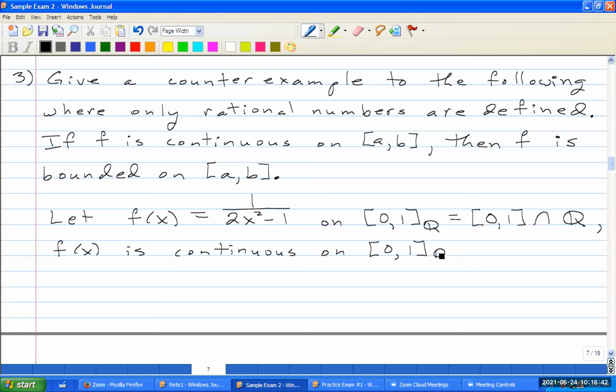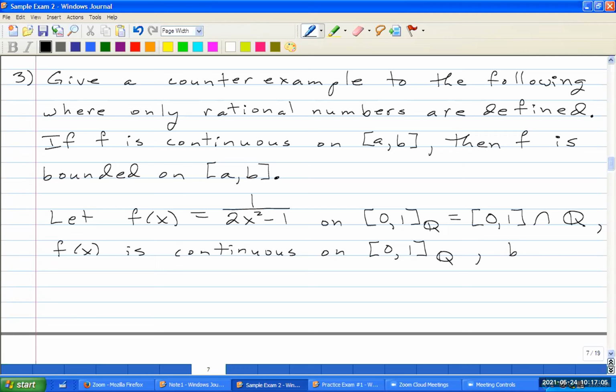Because, well, the only place that it's not defined is 1 over the square root of 2. And while 1 over the square root of 2 is not in this closed interval that only contains rational numbers, 1 over the square root of 2 is irrational. And so it's continuous on this closed interval.